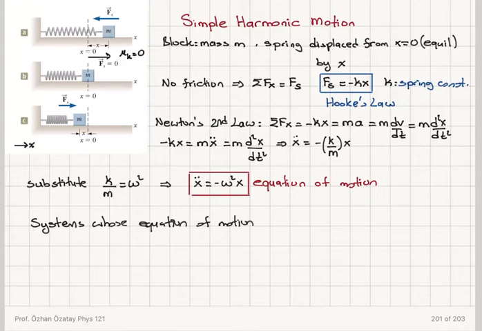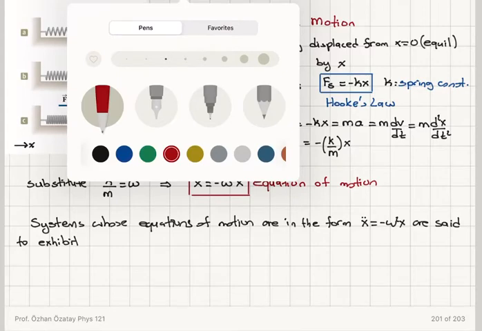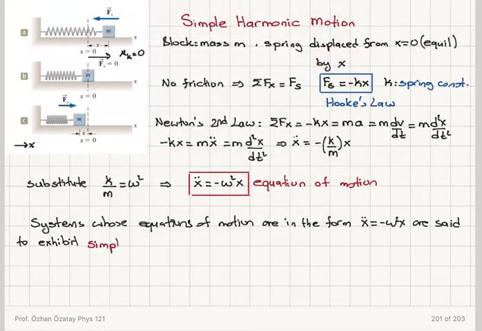So systems whose equations of motion are in the form x double dot is equal to minus omega squared x are said to exhibit simple harmonic motion.